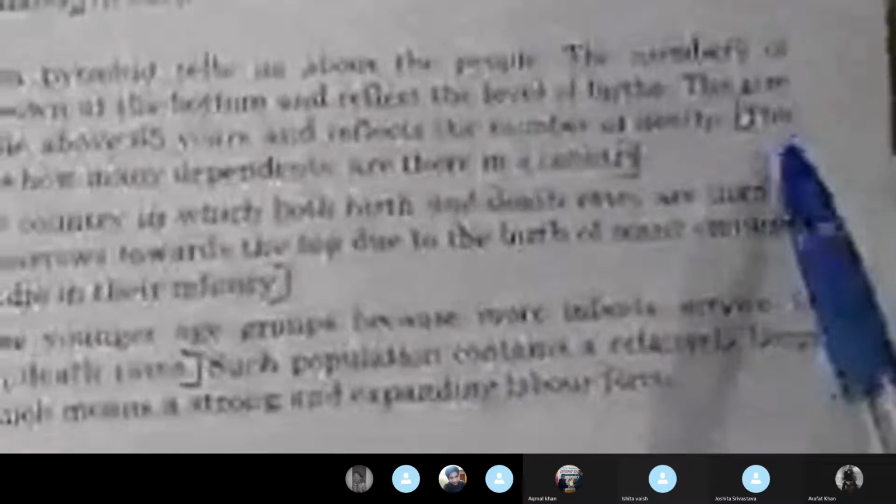Second, the percentage of the total population subdivided into males and females. After that, number 3, mark it from here. The population pyramid also tells us how many dependents are there in a country.